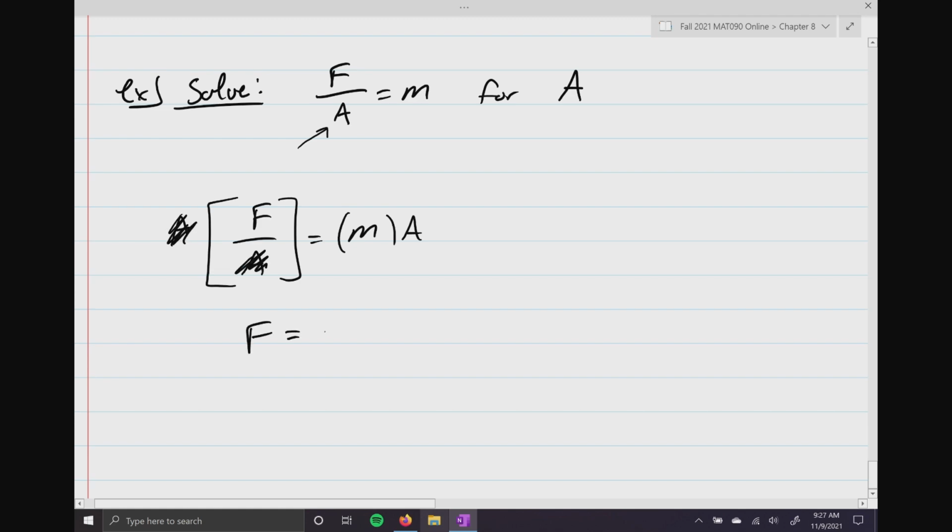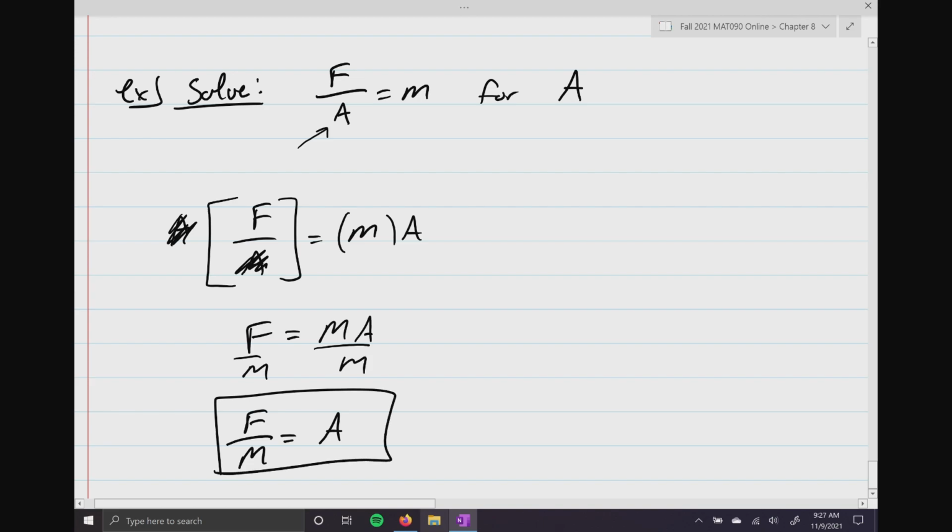So I'm left with F equals M A. And then since I'm solving for a, I'm going to divide both sides by m, to give me F divided by m equals a. And that's it.